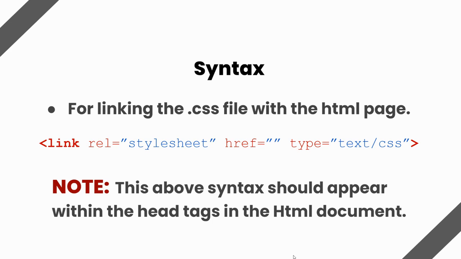This is how you are going to have it whenever you are using this method of styling, the external CSS method. So the only attribute within this tag that would change is the href attribute, which is the location of the file.